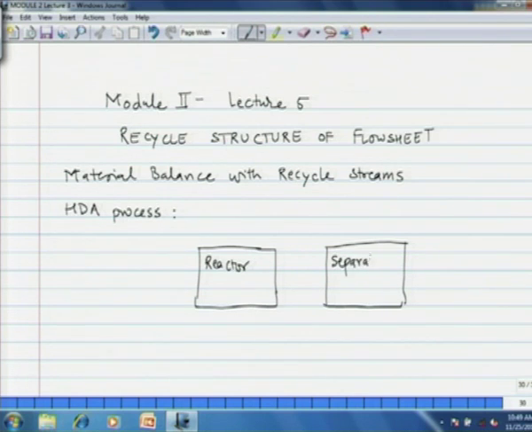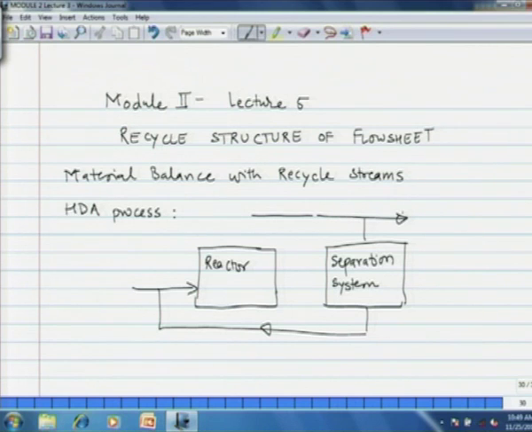We have not yet specified what kind of separation system we are going to use, but we know that from the separation system 2 streams will emerge. One is the liquid stream and second is the recycle and purge stream.